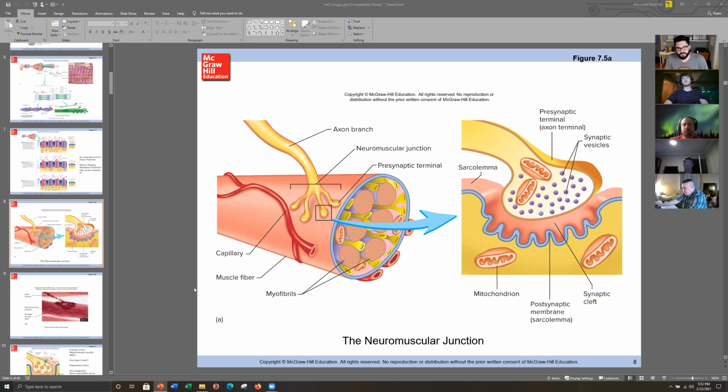And so this particular neurotransmitter is a chemical that when it's released will cause a depolarizing event on the membrane of our target cell, in this case, a muscle cell, which then will in turn transmit that signal into the muscle fiber, into the myofilaments, and then cause a contraction to occur.